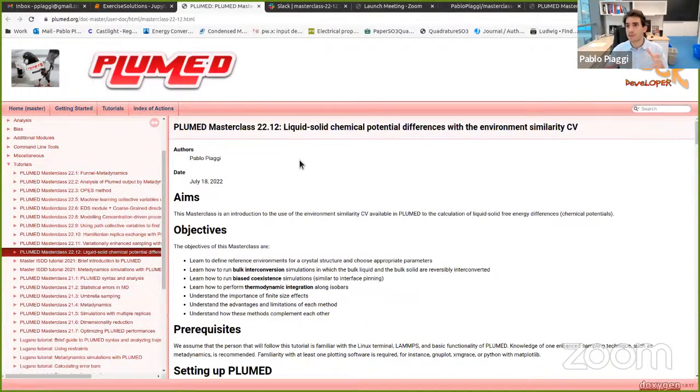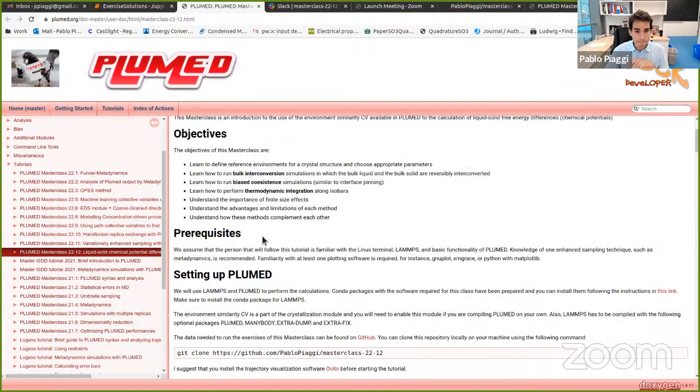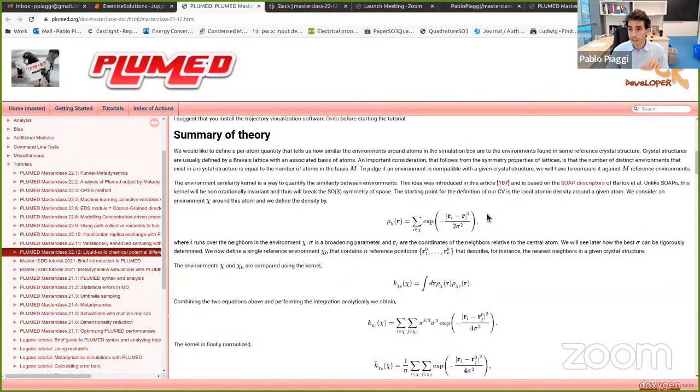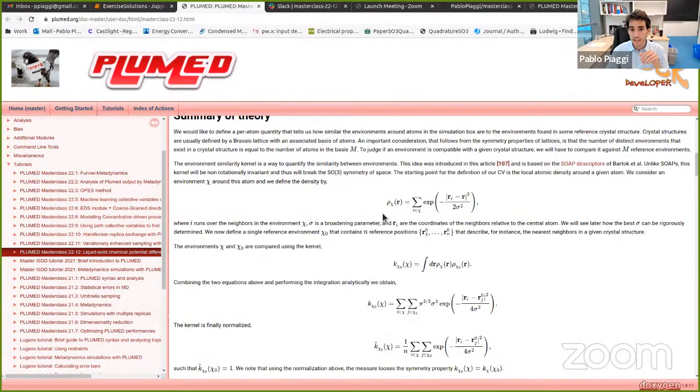So the idea of the tutorial was to use the environment similarity CV to explore different ways of calculating liquid-solid chemical potential differences. And just a brief recap of the theory. We're using a collective variable based on the density around a given environment.